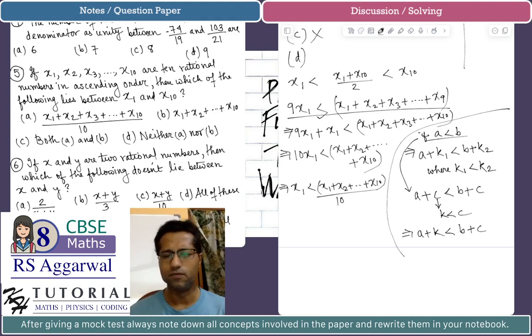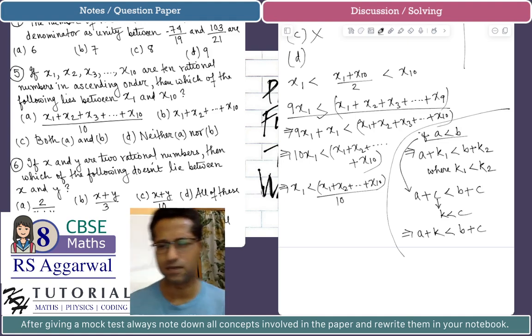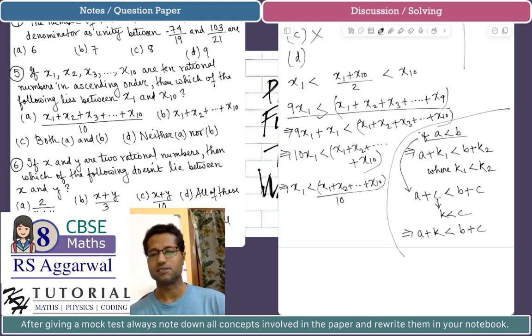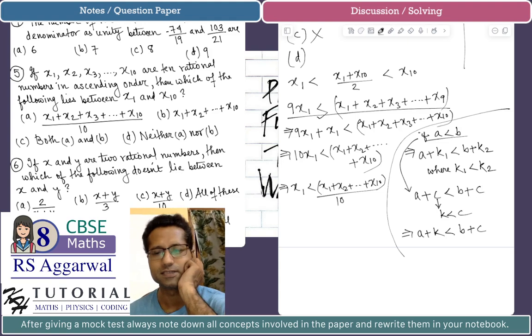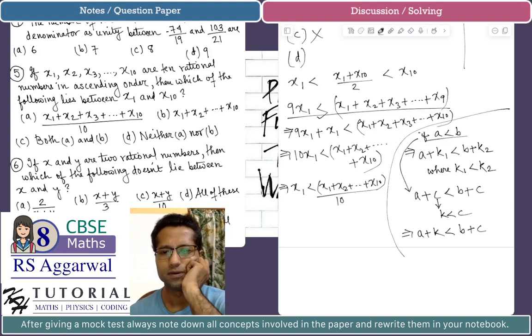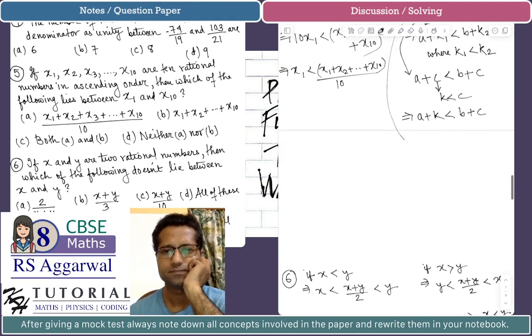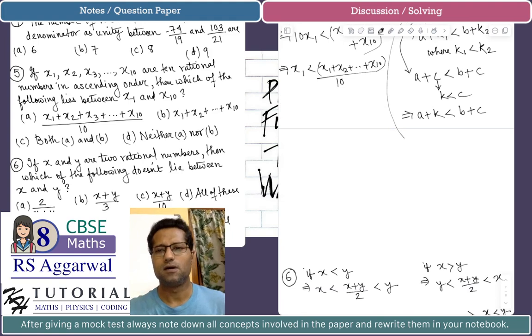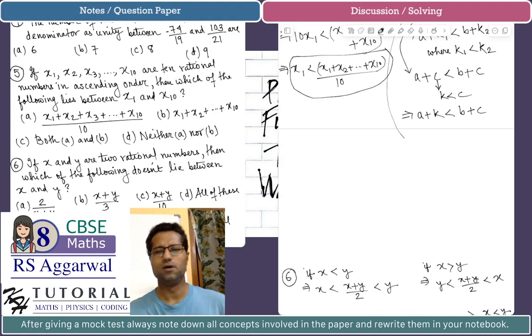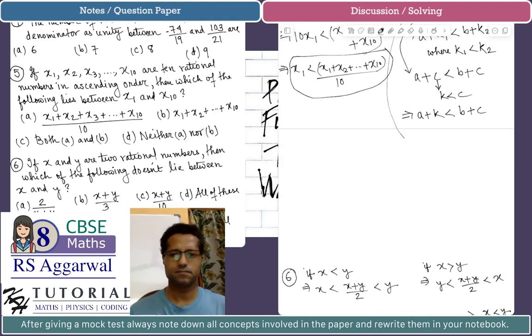Now we have to prove that x1 plus x2 plus up to x10 divided by 10 is less than x10. Okay, how will we do that? So one part is proved. This at least shows that x1 plus x2 plus x3 up to x10 divided by 10 is greater than x1.